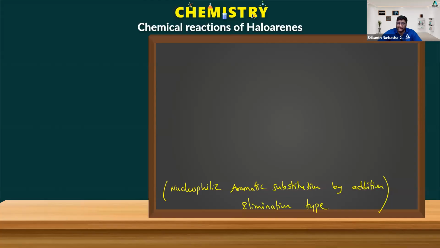So, without wasting any time, let us start with the discussion. Last class, we saw how difficult it is to substitute a nucleophile on an aryl halide, and we have seen the reasons also. The reasons why nucleophilic substitution on aryl halide is difficult: first of all, the carbon halogen bond exhibits partial double bond character.